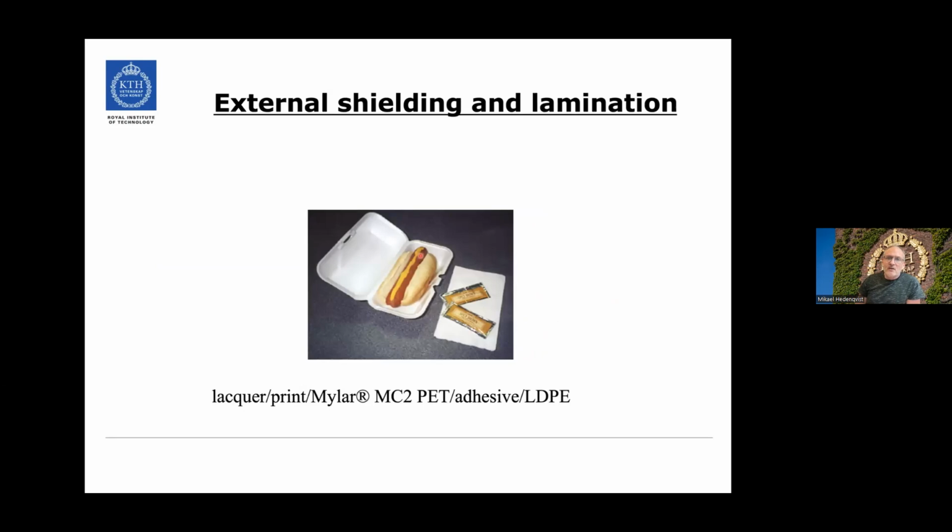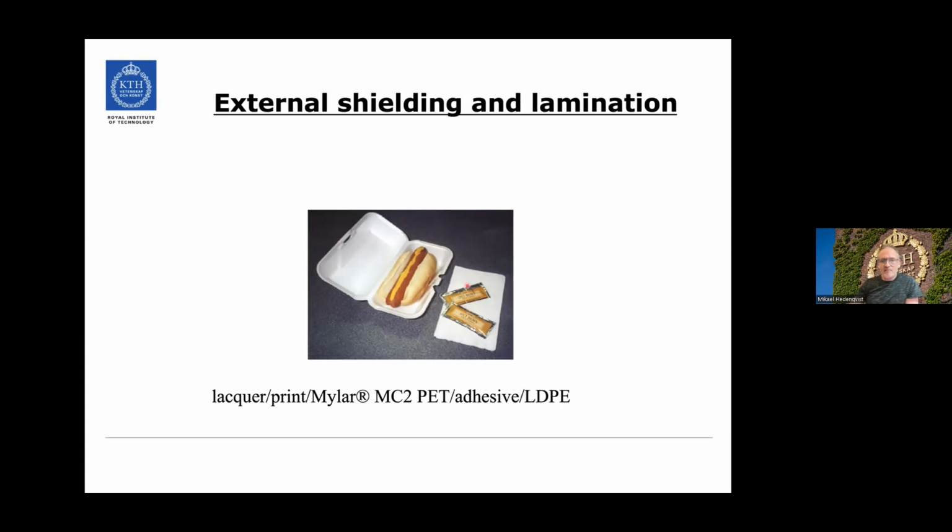External shielding or lamination is another method, or the final one I will mention, and it is when you look at a packaging, you will think that it's only one layer, but in almost all cases there are multi-layers.